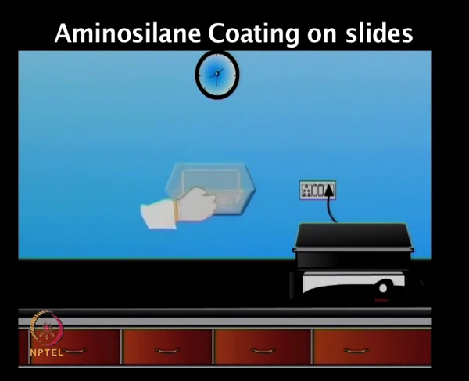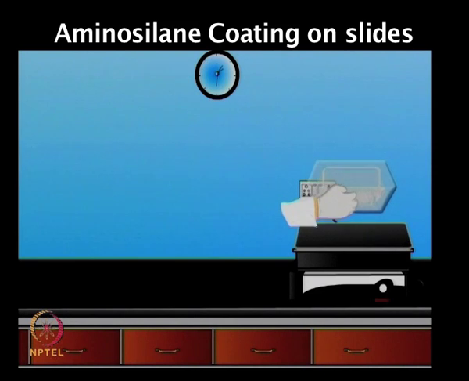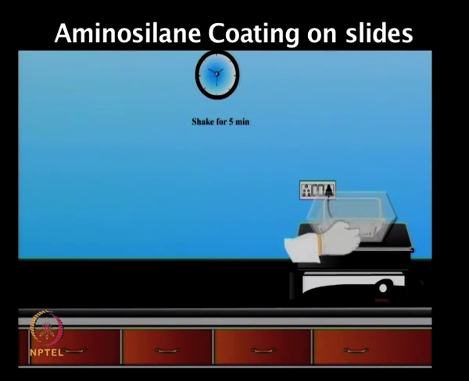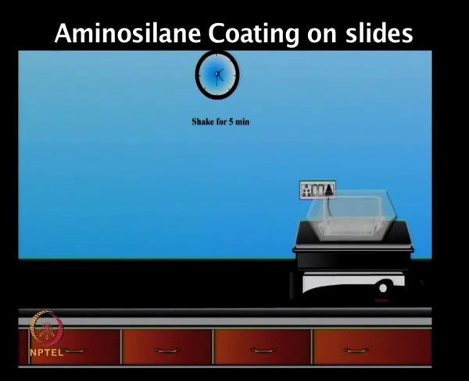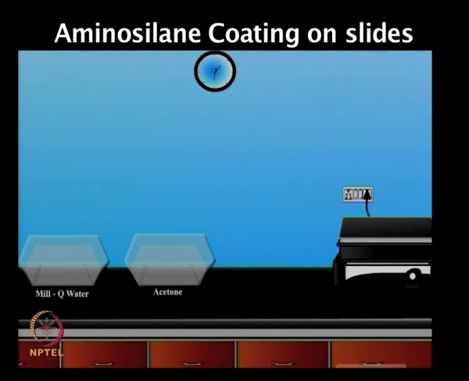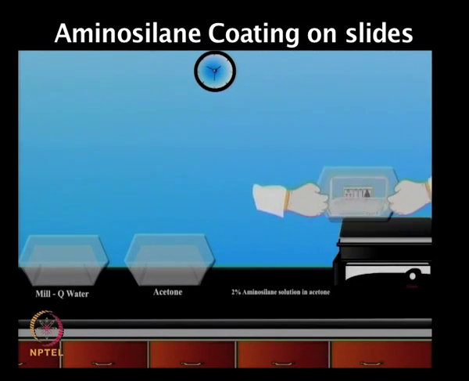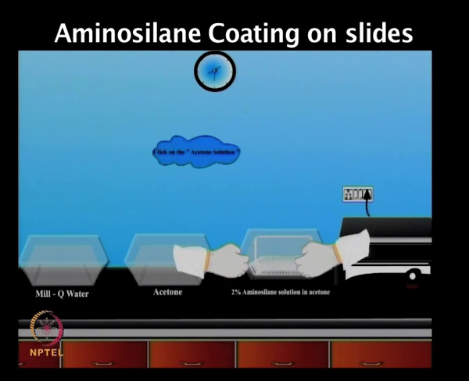Place the slides in the metal rack. Treat glass slides in aminosilane coating solution for around 15 minutes in a glass box on a shaker. Rinse with acetone, followed by a brief rinse with milli-Q water. After washing steps are done, then you can spin dry in the speed bag.